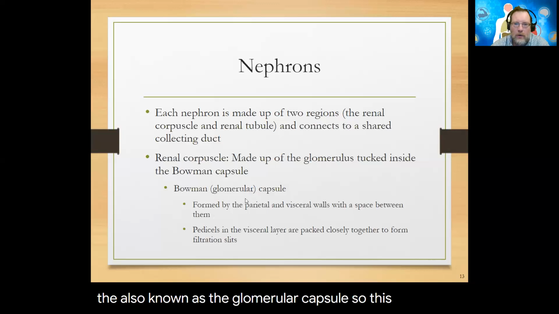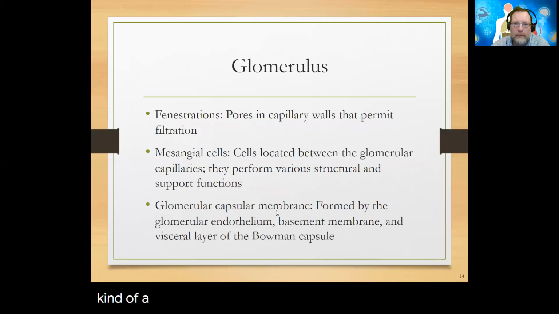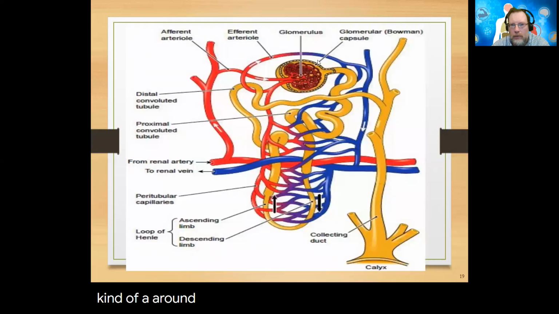So this is the corpuscular area. Okay, so we're going to see kind of a double wall with the Bowman's capsule. And again, it forms kind of a glove around, you can see the Bowman's capsule here.